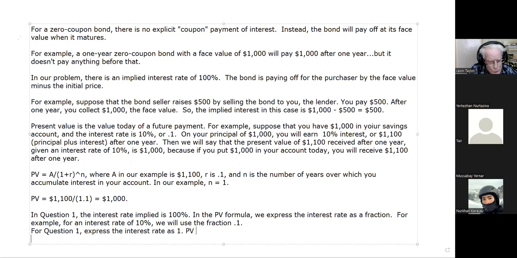So the present value in the problem is the $1,000 to be received after 1 year divided by 1 plus the interest rate. But the interest rate is 100% or 1. So the present value is $500 in this case.